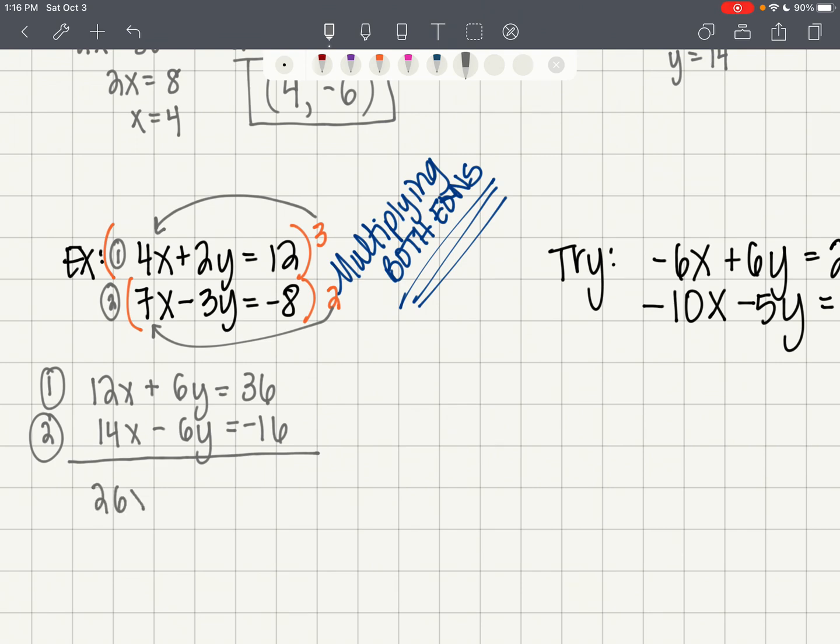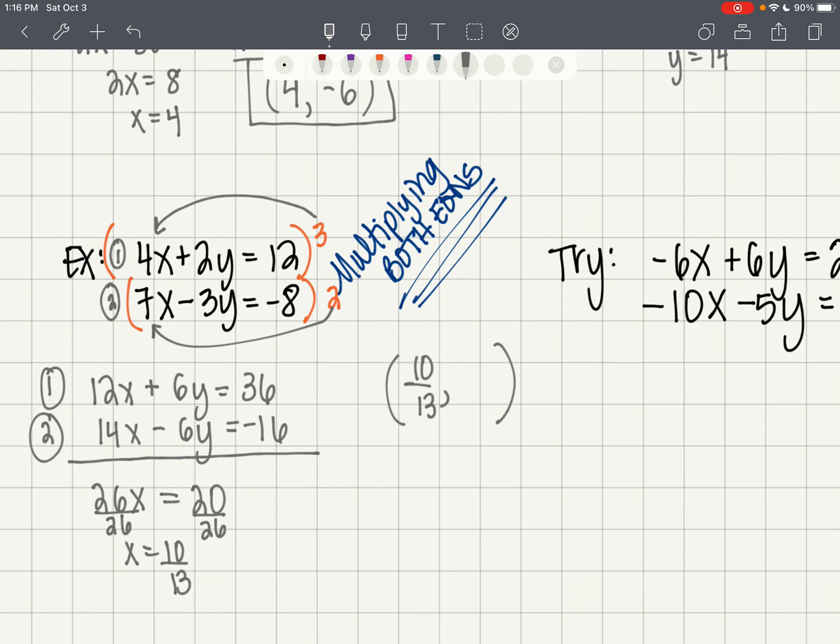I add the two equations together, 26x equals 20. Divide both sides by 26. Reduce, and I get 10 over 13. So the first part of my ordered pair is 10 over 13.